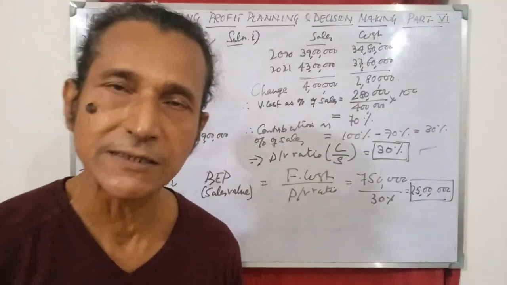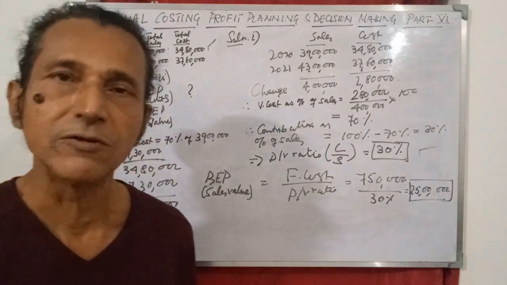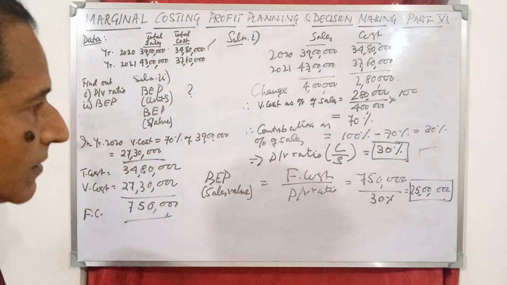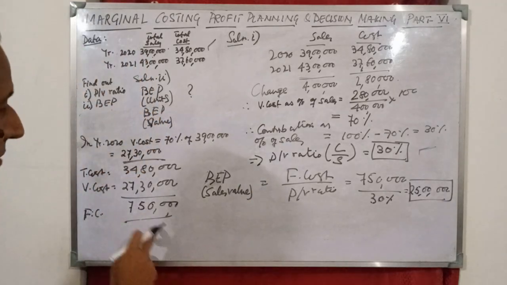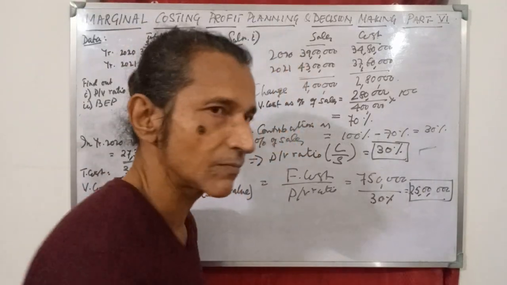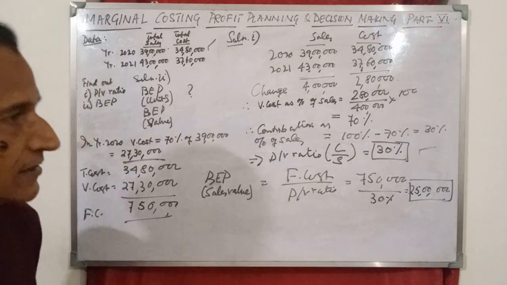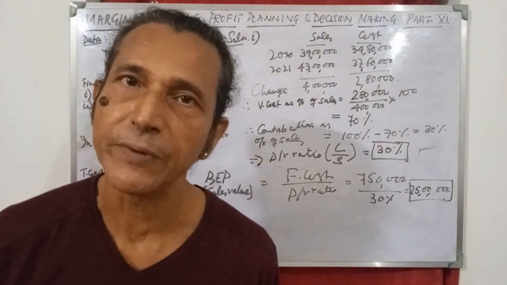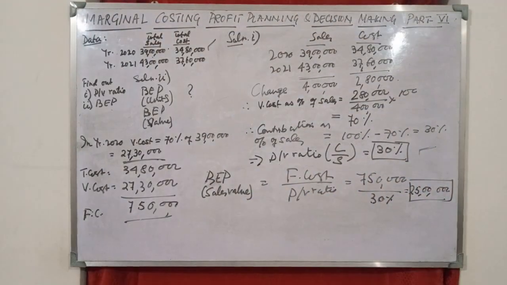Fixed cost is 750,000 in year 2020, and in year 2021 it will be 750,000 because fixed cost is assumed to remain unchanged. So break-even point in sales value is fixed cost by PV ratio. So 750,000 divided by 30%, which comes to 25 lakhs. So break-even point in money value is 25 lakhs. That is, the firm has to make sales of 25 lakhs in order to reach break-even point. Correct? So both the parts of the problem are solved.